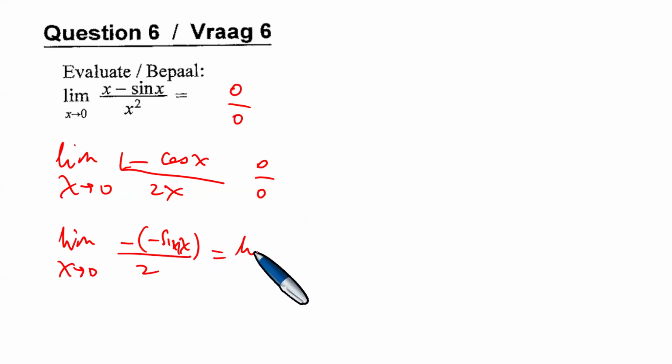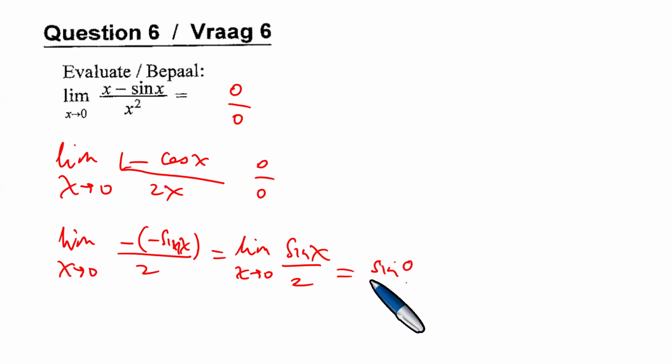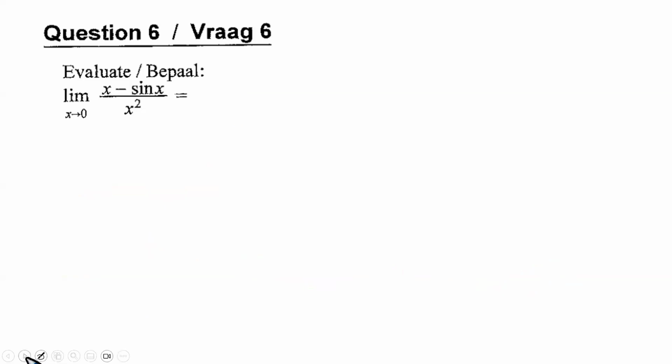Therefore this becomes the limit as x tends to 0 of sine x over 2, which is the sine of 0 over 2, which is 0. So indeed, you're right that the answer is 0. Well done. Move to the next point.